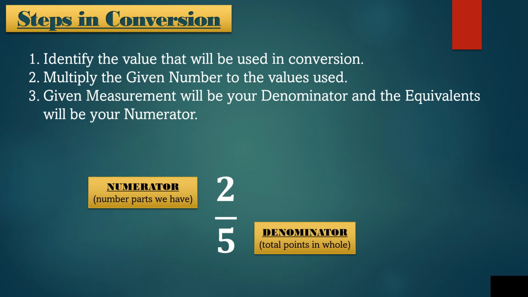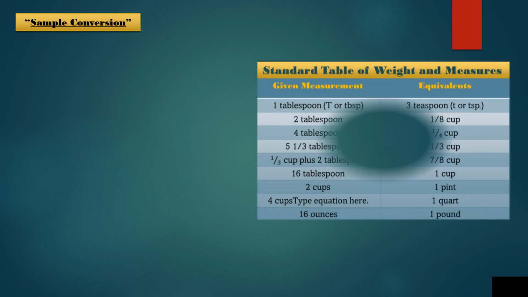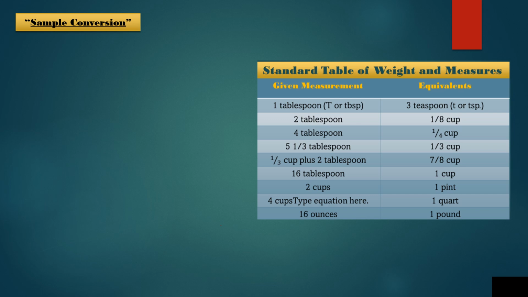Okay? So, magkakaroon muna tayo ng example kung paano nga ba tayo or paano nga ba siya kino-convert. Okay, so proceed tayo sa ating sample conversion. Okay, so ito yung ating table, yung standard table of weight and measures. Okay, so ito naman, yung ating 10 cups is equals to pints.